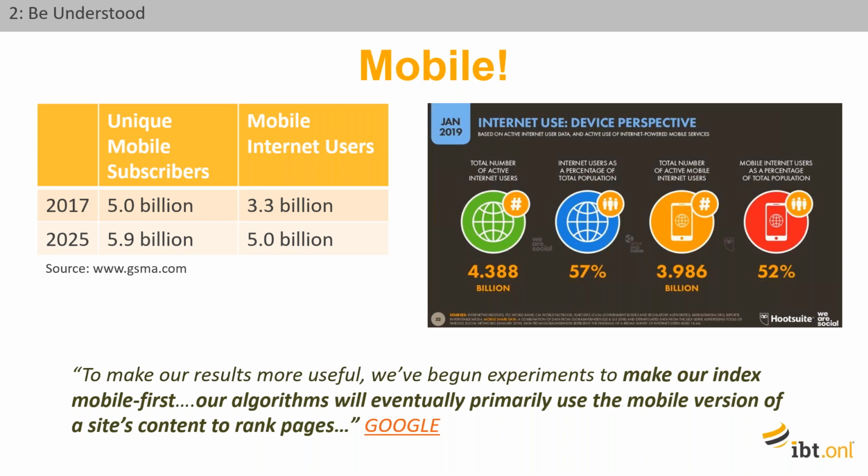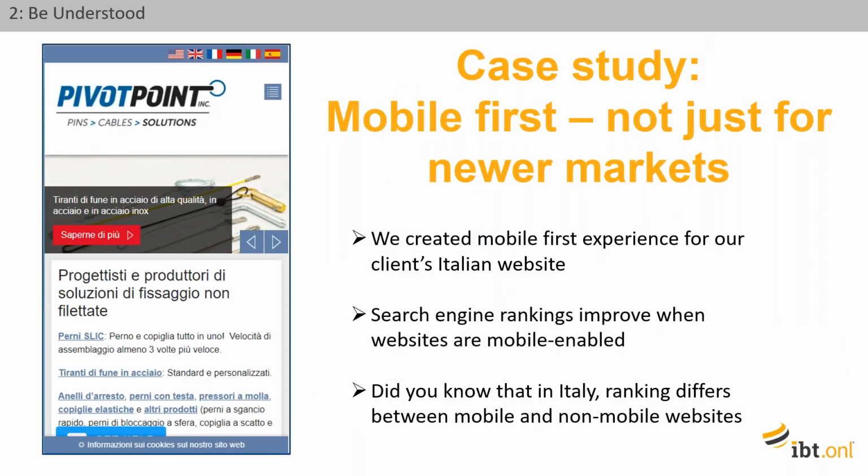Google is certainly taking note. To this quote from Google: Google is taking mobile enabled as a ranking factor. So again, it's one of those things that you have to have in order to be ranked well by the search engines. This is just a little example I wanted to give you of a company we work with called Pivot Point, and we talked about mobile being for the developing markets, but this is actually for Italy, where ranking is different on mobile than non-mobile.